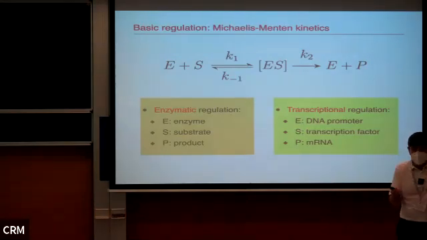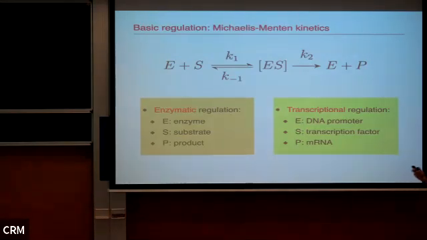I don't know if you have seen this in your training, and I'm not going to go into this. It is the so-called Michaelis-Menten kinetics, in which you have an enzyme. The enzyme binds a substrate. The enzyme is a catalyzer of a chemical reaction, going from the substrate to the product. Of course you could go directly, and it will take forever.